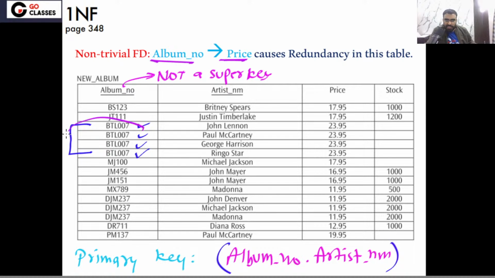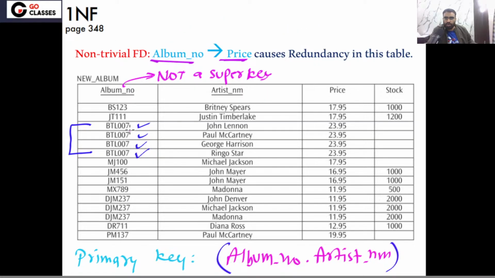So if I repeat this album number 1000 times, 10,000 times, 1 crore times, then this price value will also repeat 1 crore times. Yes or no? Because the definition of functional dependency means that whenever 2 tuples have the same album number, they will have the same price.